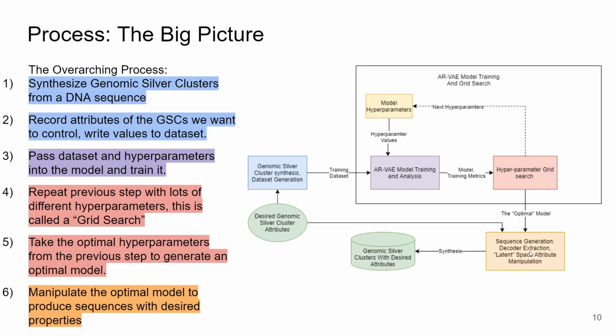So if we say, hey, let's create a sequence that is near IR, and we want it to be chemically stable here, here, and here, it will then spit out a sequence that is hopefully chemically stable and in the near IR spectrum. So finally, we manipulate the optimum model to produce the sequences. That's what I was just saying.